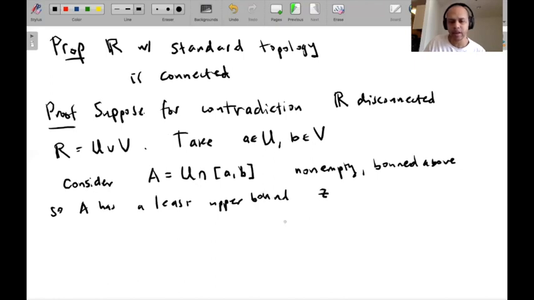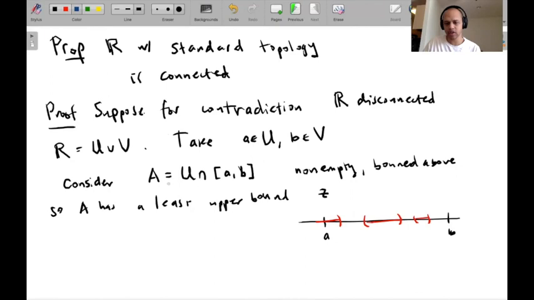So let me draw a picture. Here we have the interval [a, b], and U intersects this interval in some way. U is an open set, so it looks maybe like this. Something like this.